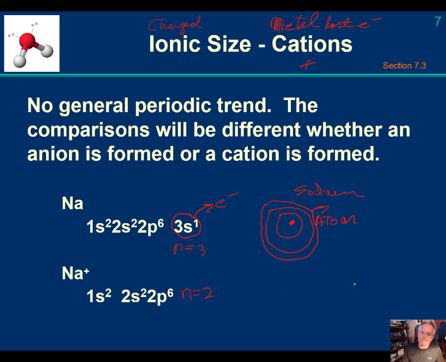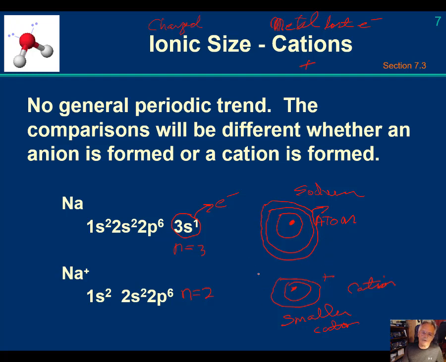So the cation, which has a +1 charge, has the nucleus, n equals 1 and n equals 2. You can see that it's lost that entire valence shell. It now has a positive charge, and it is definitely smaller as a cation than it was as an atom.